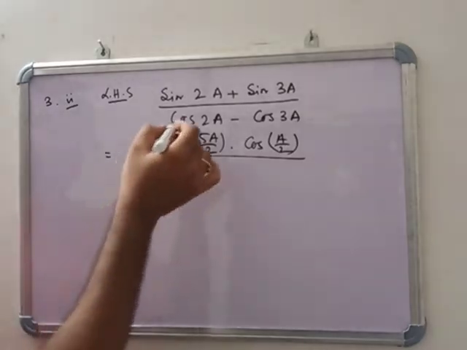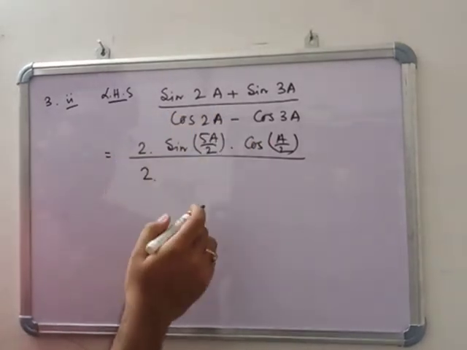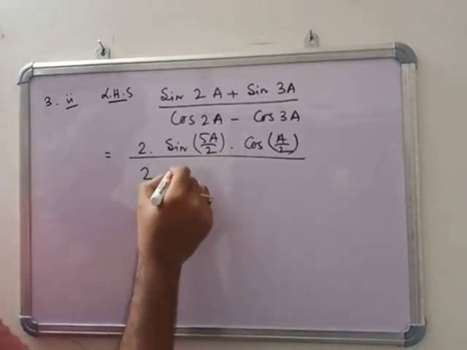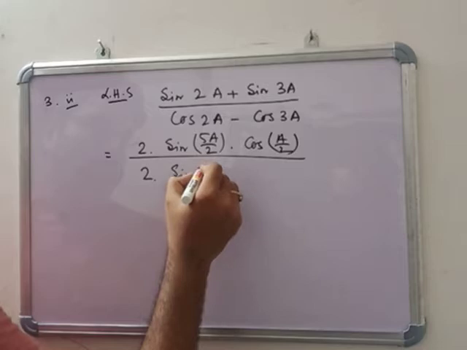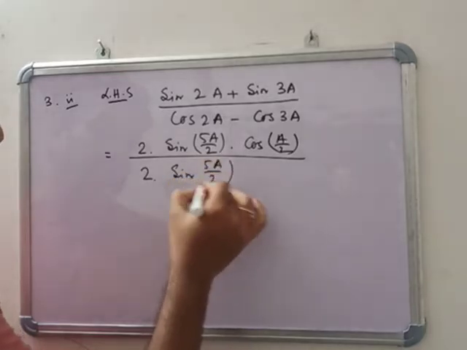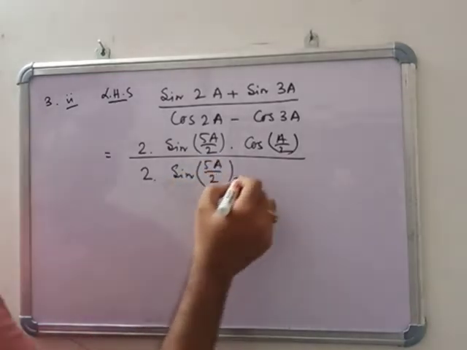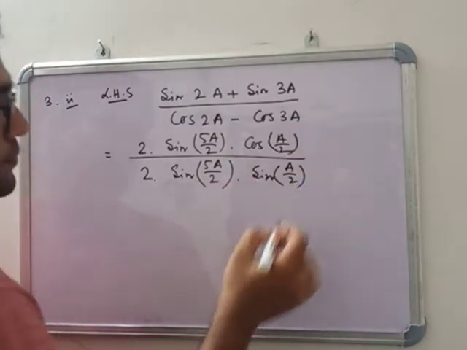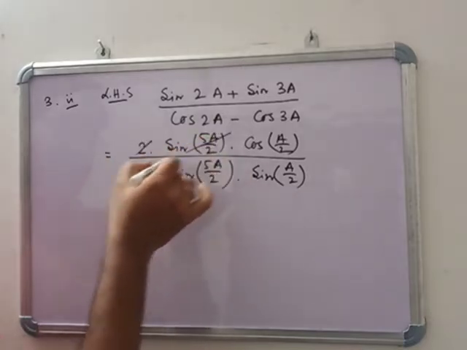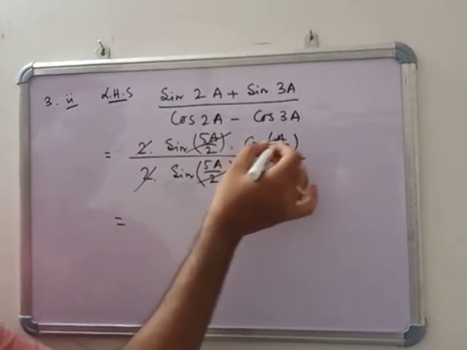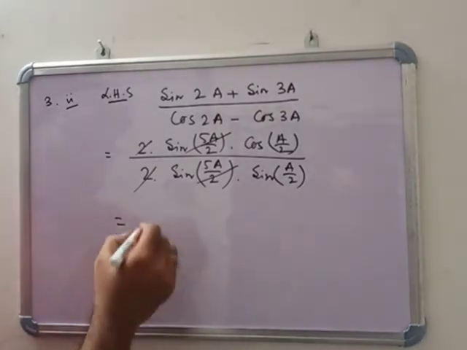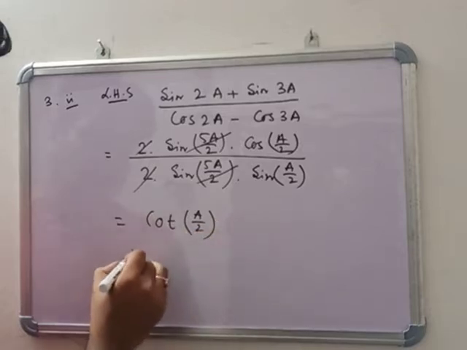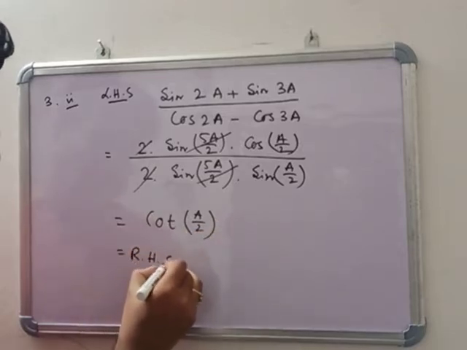Similarly, for the denominator part, cos of 2a minus cos of 3a means 2 sine of 5a by 2 into sine of d minus c, that means a by 2. So the 2 and 2 cancel, and these two are cancelled. So we get cos a by 2 by sine a by 2, that means cot of a by 2, which is the given RHS.